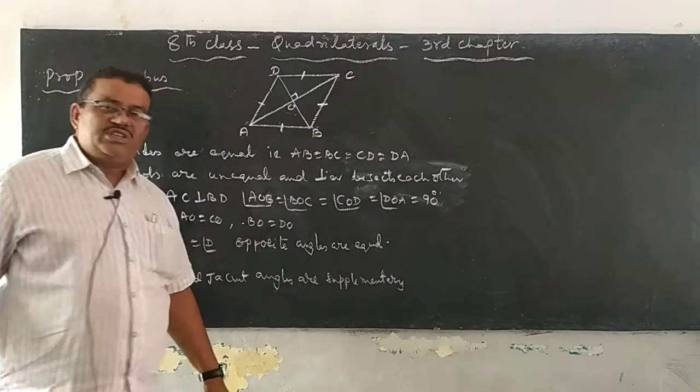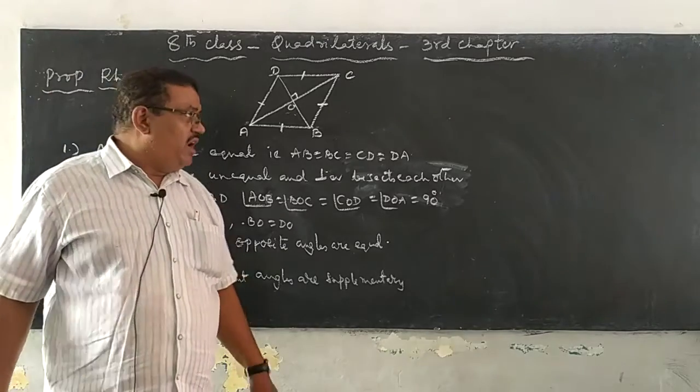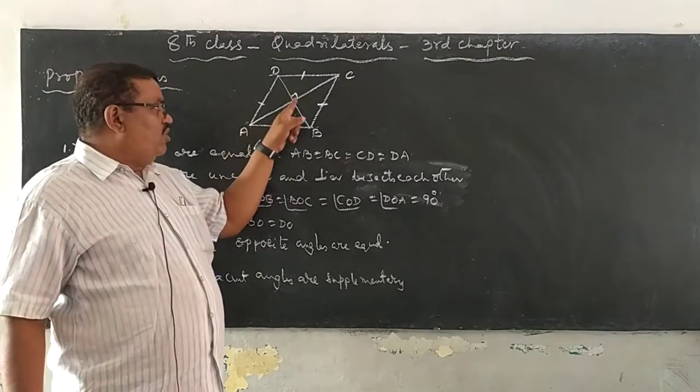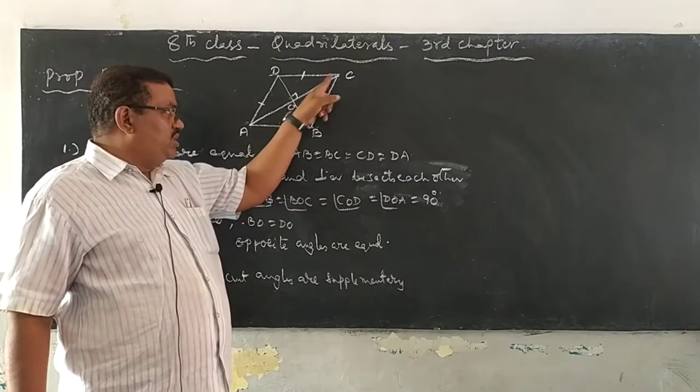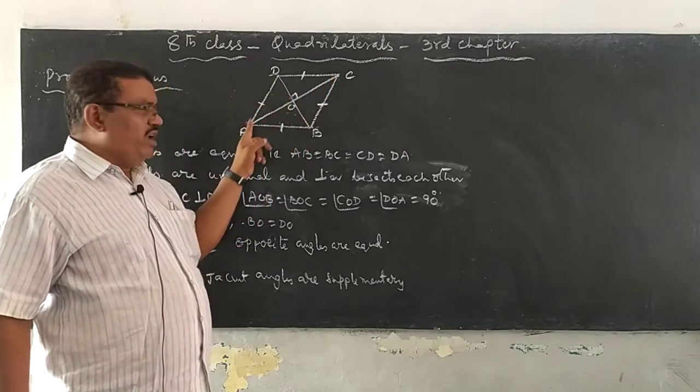These are the properties of what one? Rhombus. And one more thing, these four triangles are congruent triangles. Triangle AOB congruent to triangle BOC, congruent to triangle COD, congruent to triangle DOA.